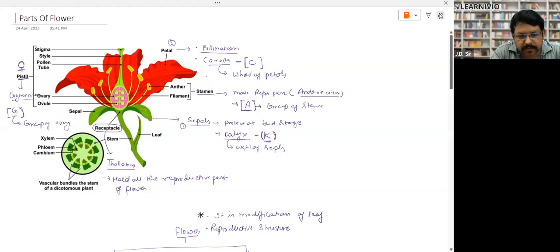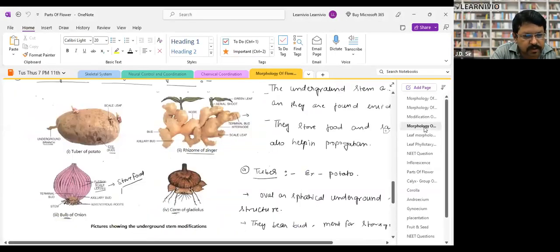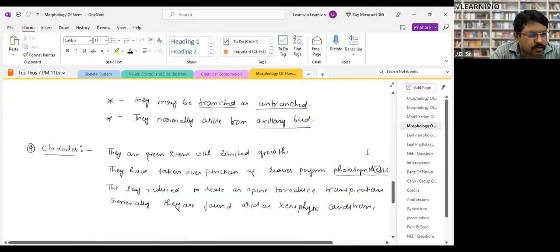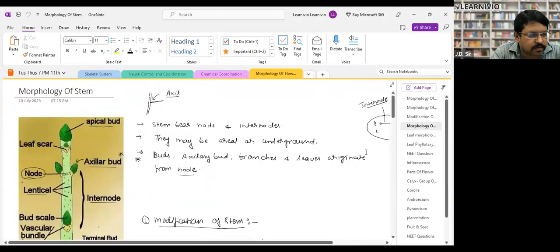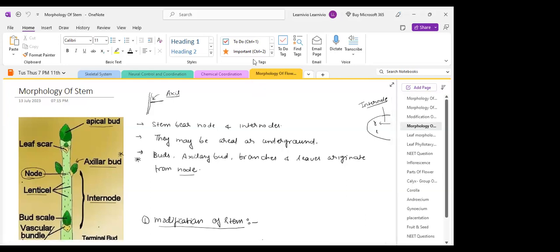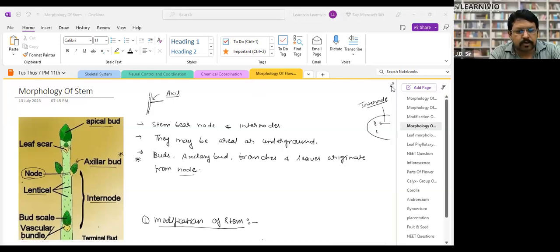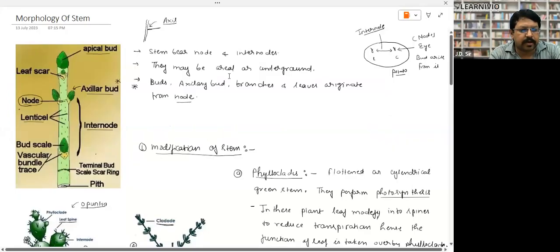So it means we were here. Morphology of stem. This one we did, or we have to do it? We were doing it. Okay, fine. So as per you, we are here in the morphology of stem. Fine. So we will do from here.